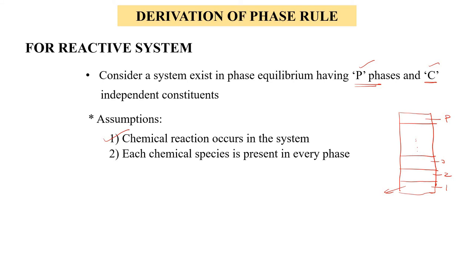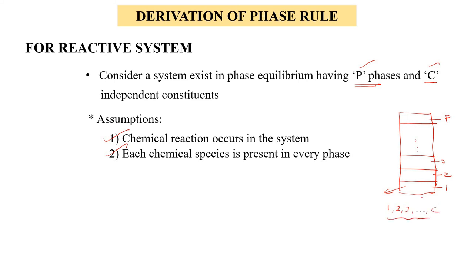The second assumption is that each chemical species is present in every phase. Suppose in phase 1 we have component 1, component 2, component 3 up to C components.